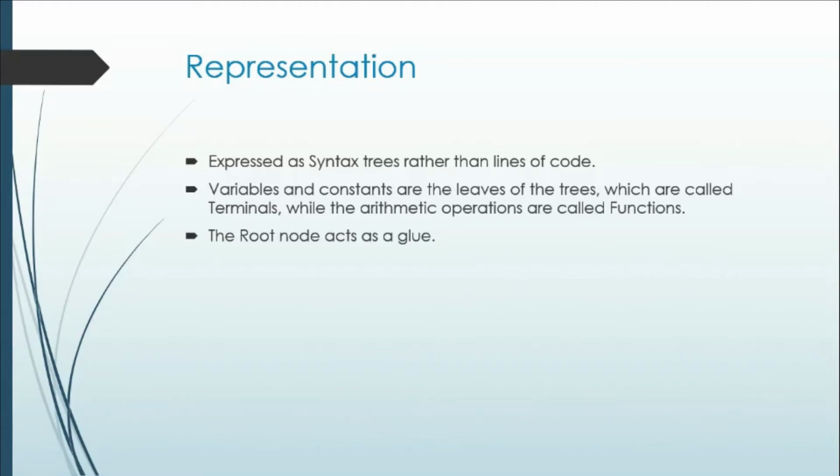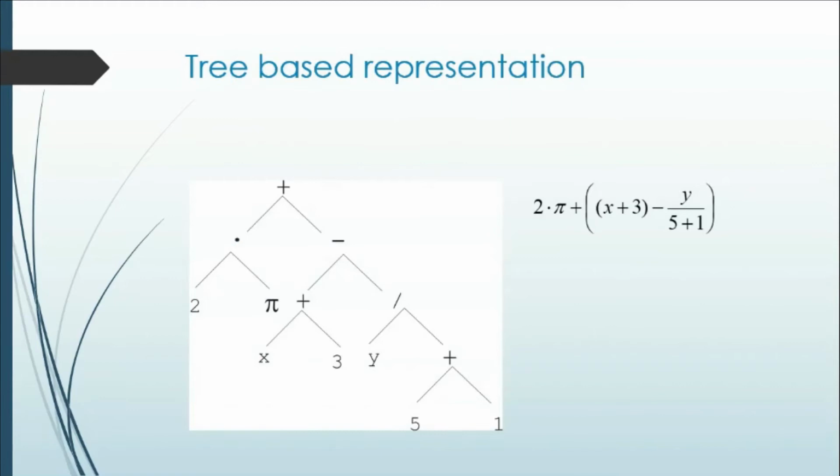So the root node acts as the glue. The leaves of the trees represent the variables as well as the constants, and the root nodes act as the operations or functions. They act as the glue between the different variables and constants. So this is a tree-based representation.